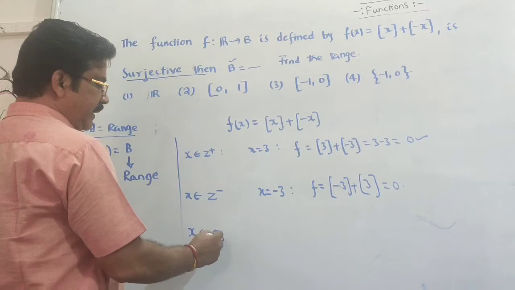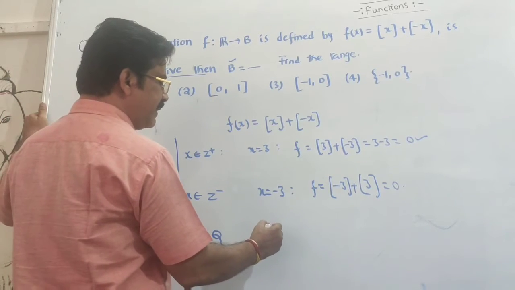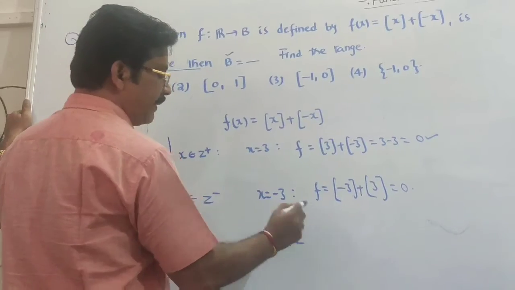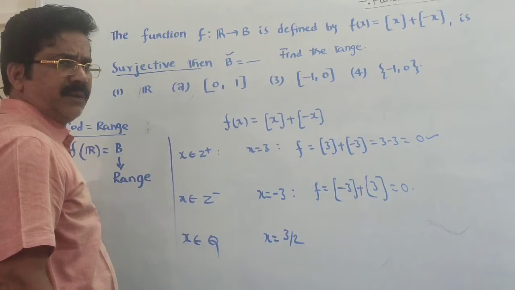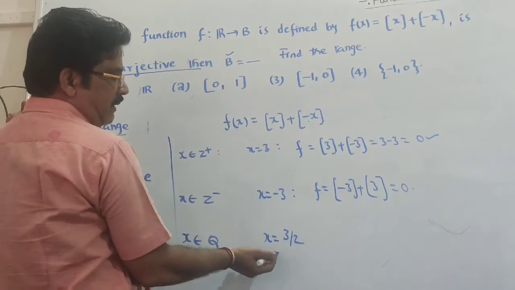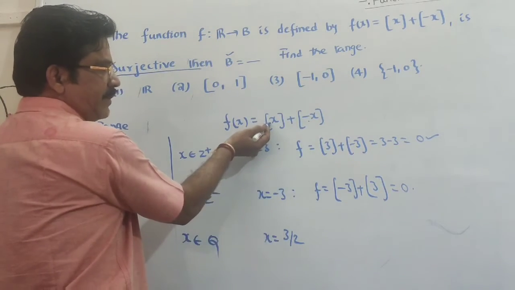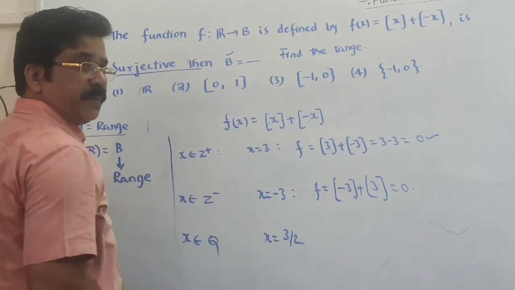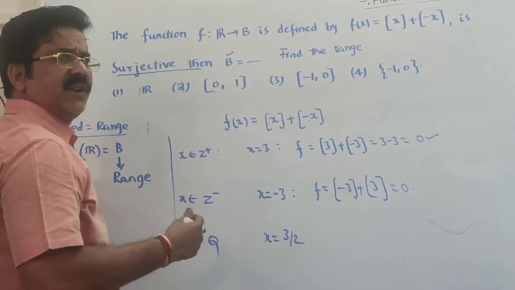Now let us take a rational number. For example, you can take minus 3 by 2 also, or plus 3 by 2, any rational number.